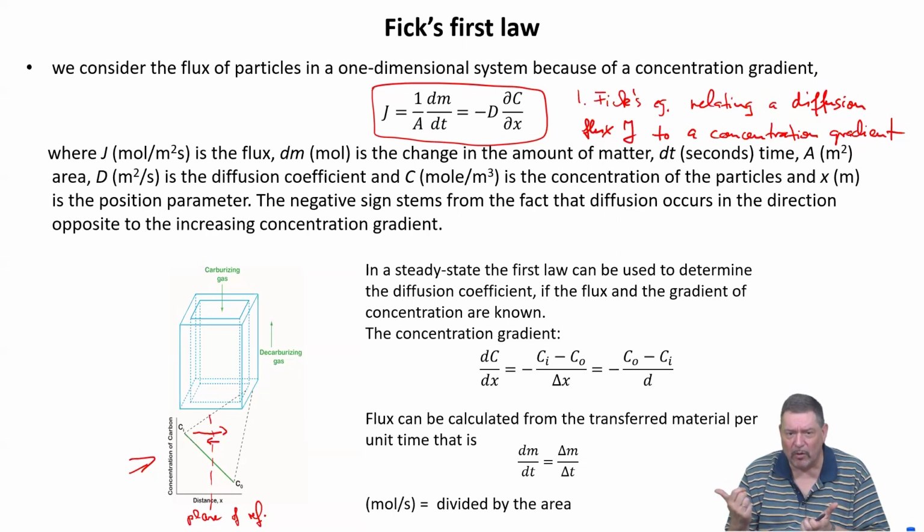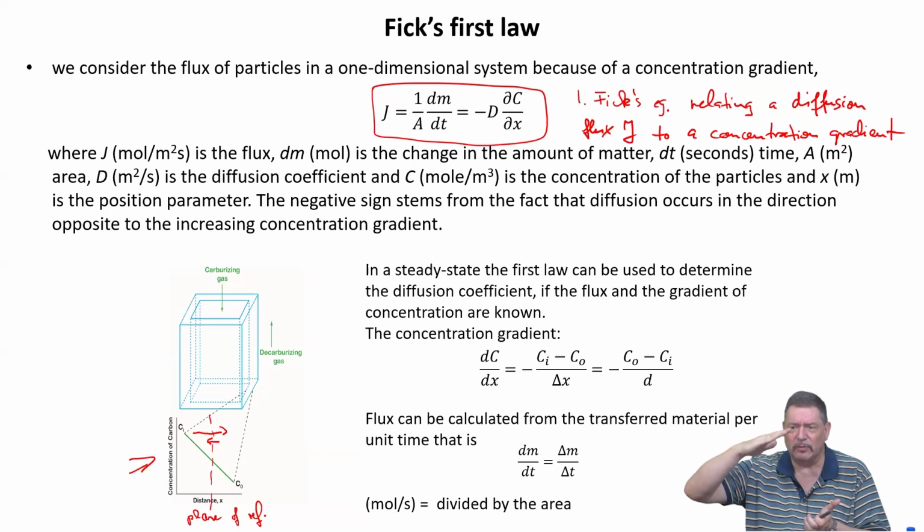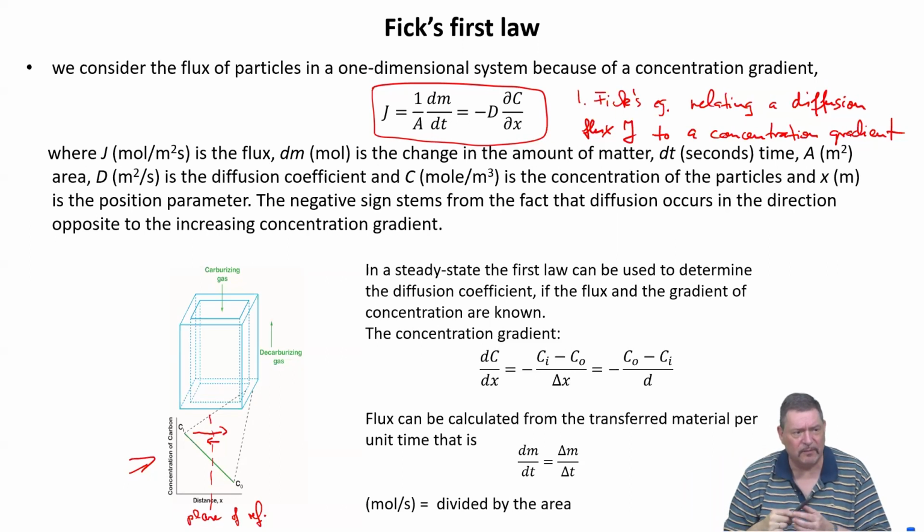It will be more in the direction here from left to right, which serves to level out the concentration gradient. And this is exactly what Fick's first diffusion equation tells you, right? So the diffusivity, this constant D in this term, is the proportionality constant giving you the kinetics of how the diffusion flux J serves to minimize the concentration gradient that's present in the system.